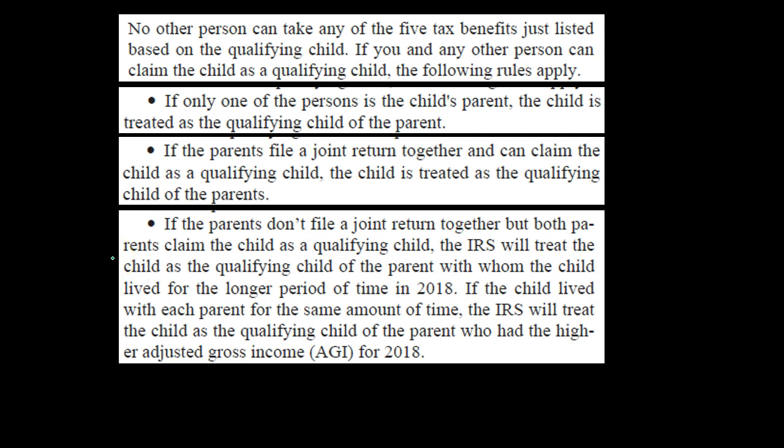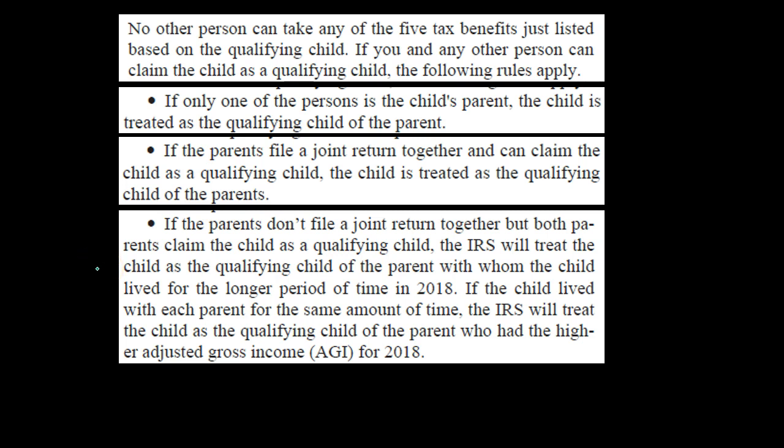If the two parents are filing separate returns and they both claim the child as a qualifying child, now the IRS has that situation. They're going to say, well, now I have the Social Security number for one person on two tax returns, and someone's getting benefits for that. The question for the IRS is how to deal with that. The default will typically be the parent with whom the child lived for the longer period.